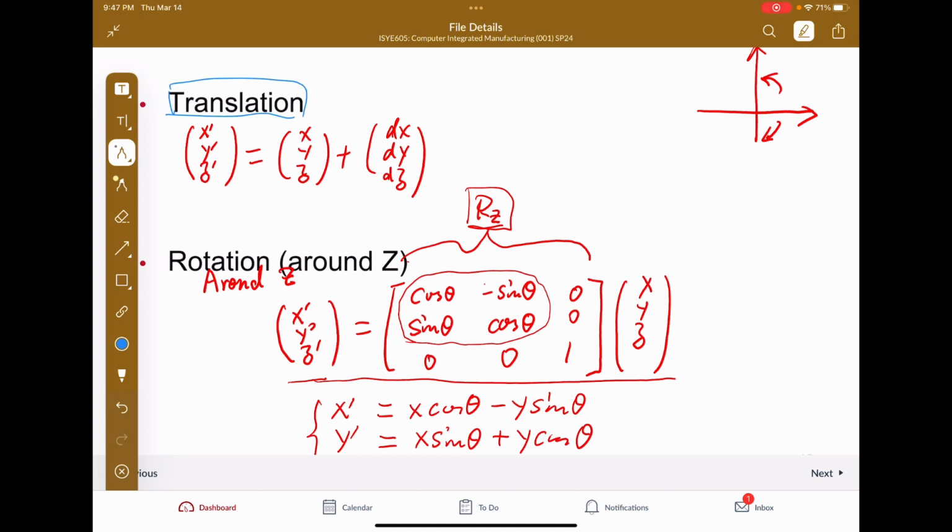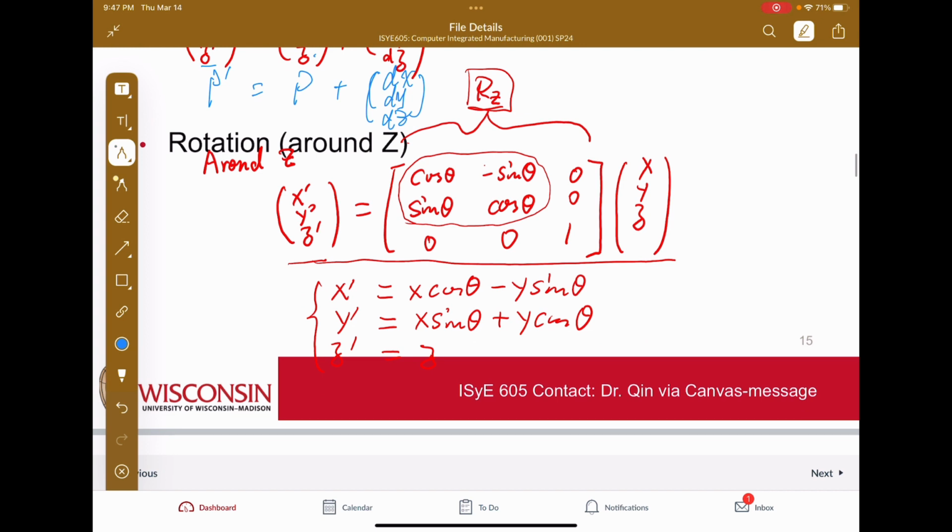We have three axes, X, Y, and Z, X prime, Y prime, and Z prime, and we move from point P to P prime. Because it's a translation, we just add dx, dy, and dz respectively to x, y, and z, and then we will get P prime. So this is easy.